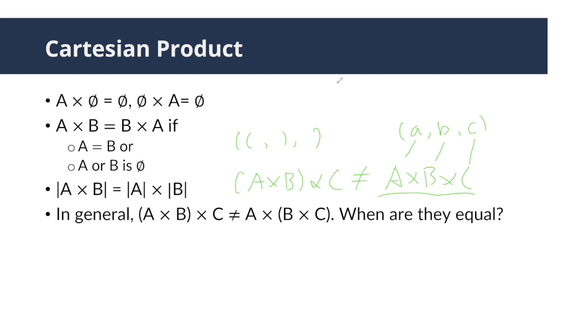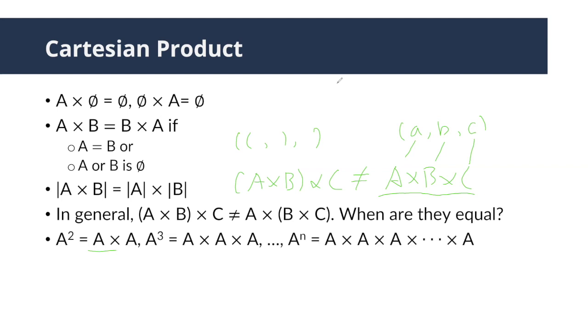Now, since A and B can be any set, when A and B are the same set, A cross A is denoted by A².